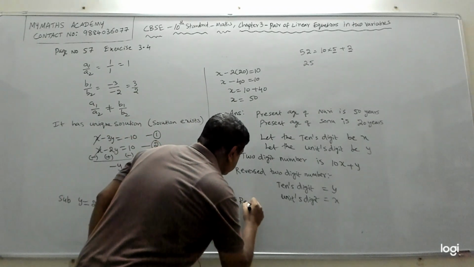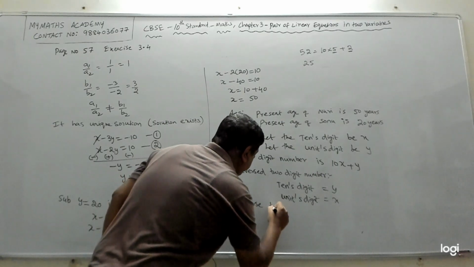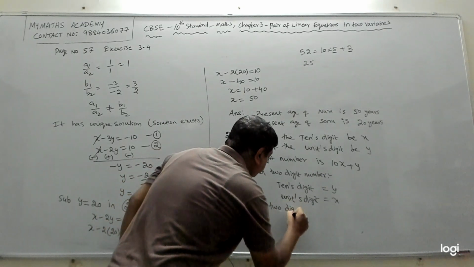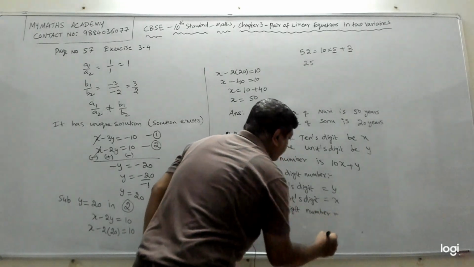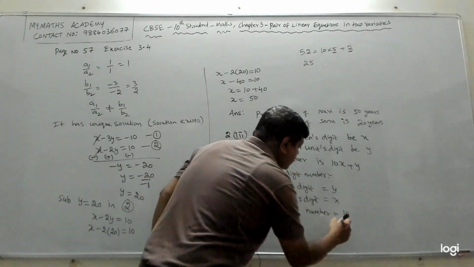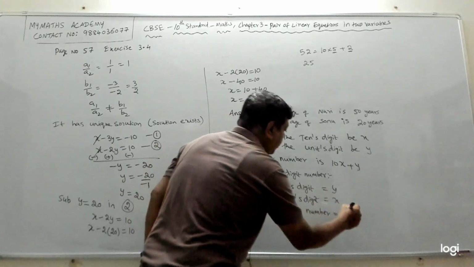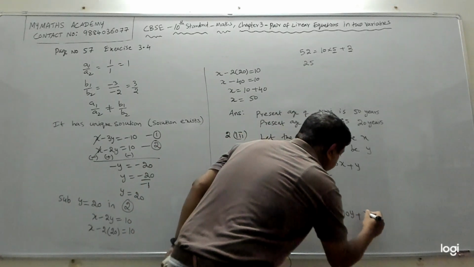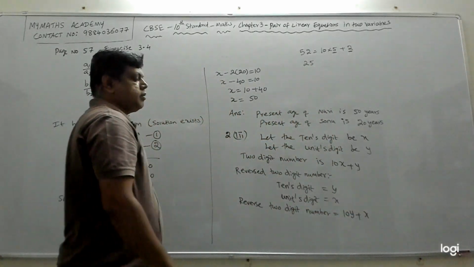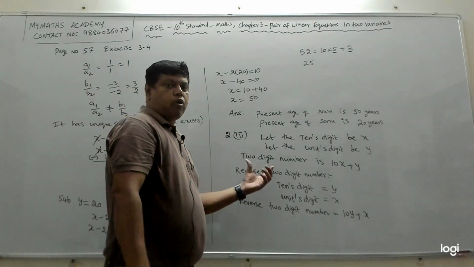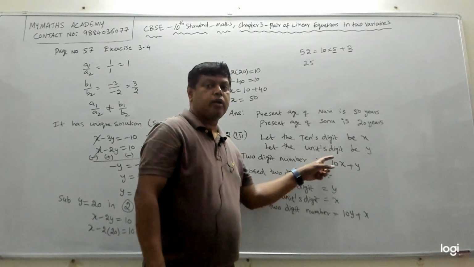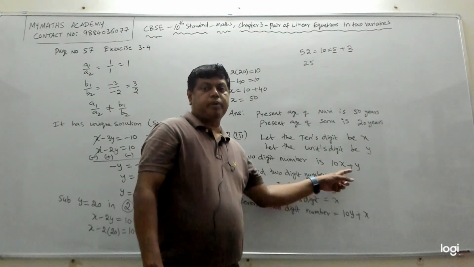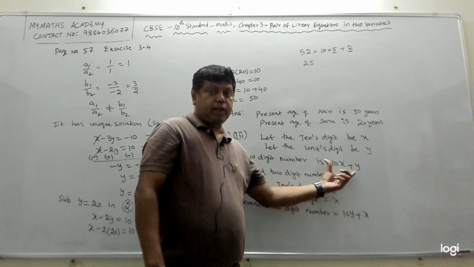Now what is the reversed number? The reversed 2-digit number will be equal to 10 times the tens place, which is y, plus the units place, which is x. 10y plus x. So always, if you take the tens digit as x and the units digit as y, your 2-digit number will be 10x plus y algebraically.